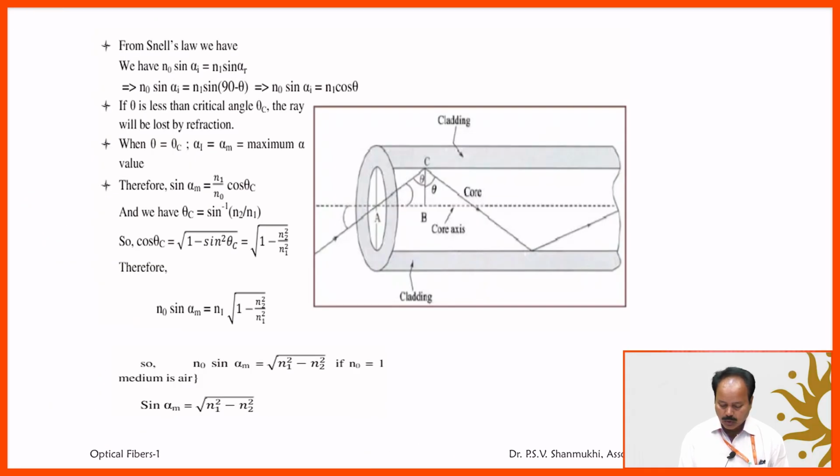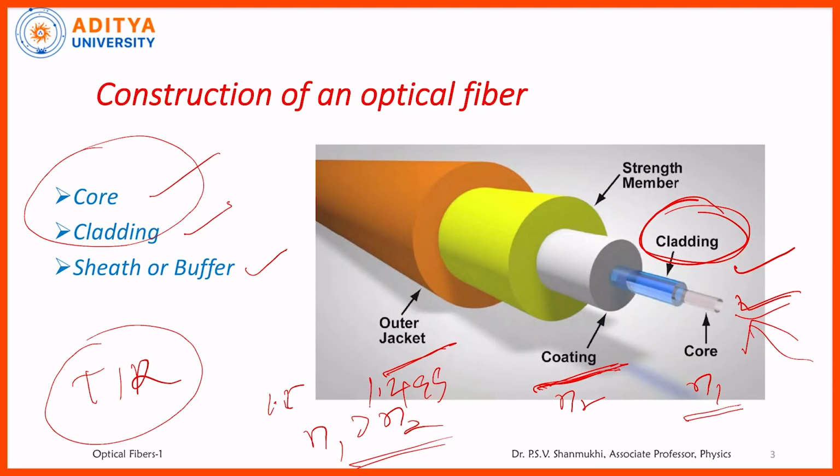Coming to total internal reflection, just observe: this is the denser medium of refractive index mu2 and this is the rarer medium of refractive index mu1. When light travels from denser to rarer, it bends away from the normal. Say the incident angle is i and the angle of refraction is r.